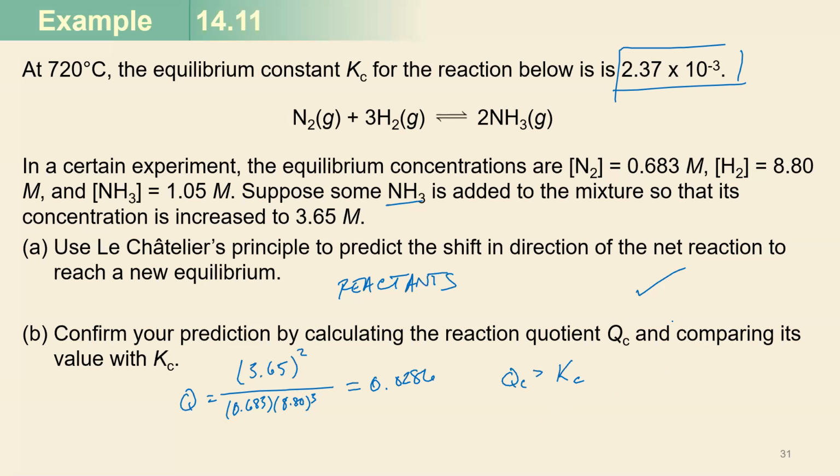And so that's just our verification. So we can use Le Chatelier's principle to predict which way it's going to shift, and then we can use the mathematics of Qc and Kc to confirm those suspicions.